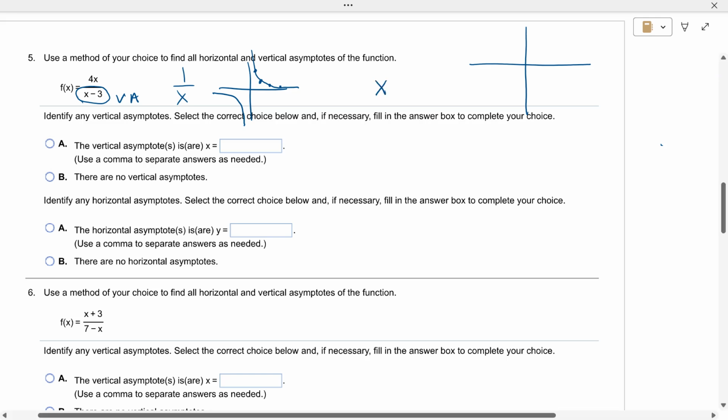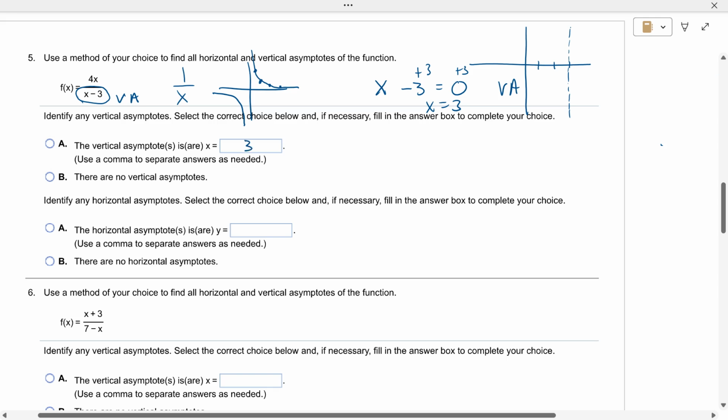So you set the denominator, x minus 3, equal to 0 to find the vertical asymptote. Well, how do we get x alone? Add 3. So x equals 3 is our vertical asymptote. So at 1, 2, 3, we're going to have a vertical asymptote going on here. Okay? x equals 3 is the vertical asymptote.